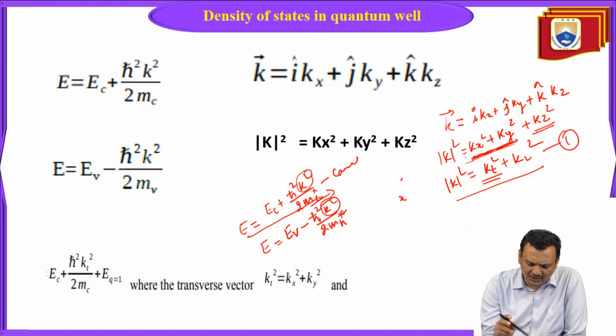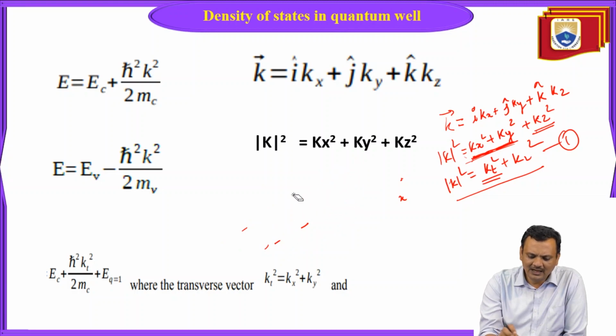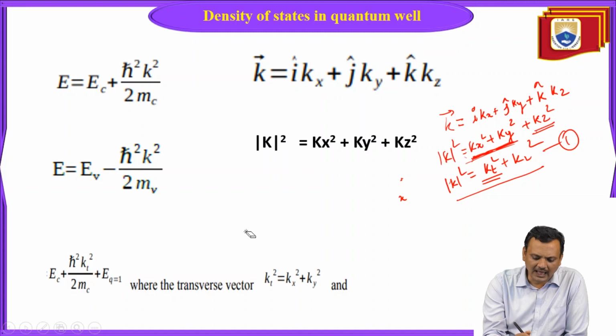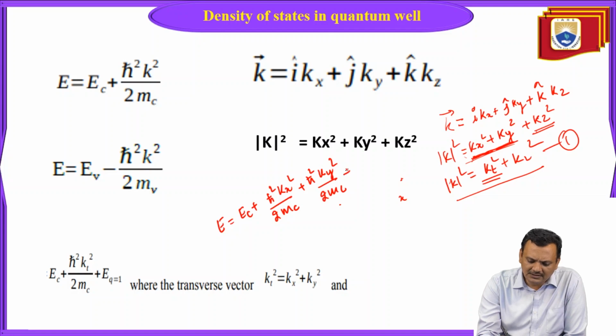You can write this energy expression in terms of the components of K. In the conduction band region, E is equal to EC plus H cross square Kx square upon 2 MC, plus H cross square Ky square upon 2 MC, plus H cross square Kz square upon 2 MC.